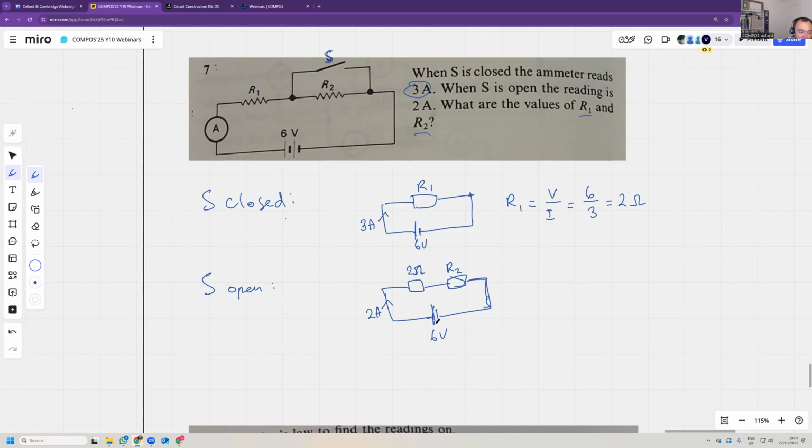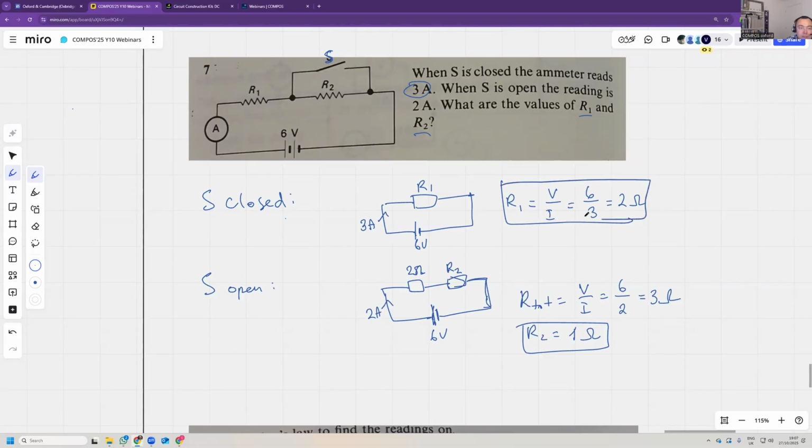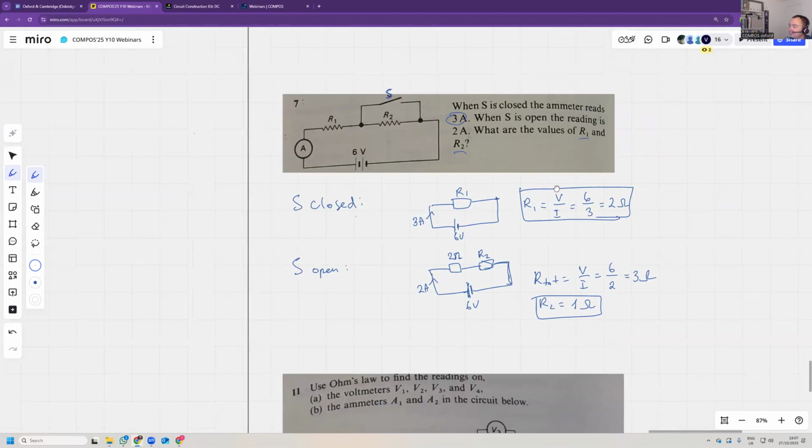Okay. But we know that the total resistance is voltage divided by current, which is 6 divided by 2. That's 3 ohms. So R2 must equal 1 ohm. That's a nice question.